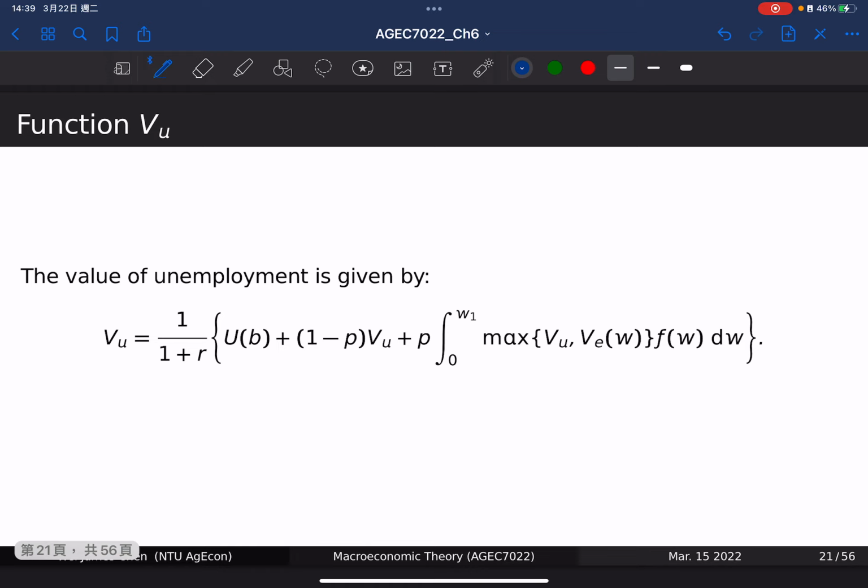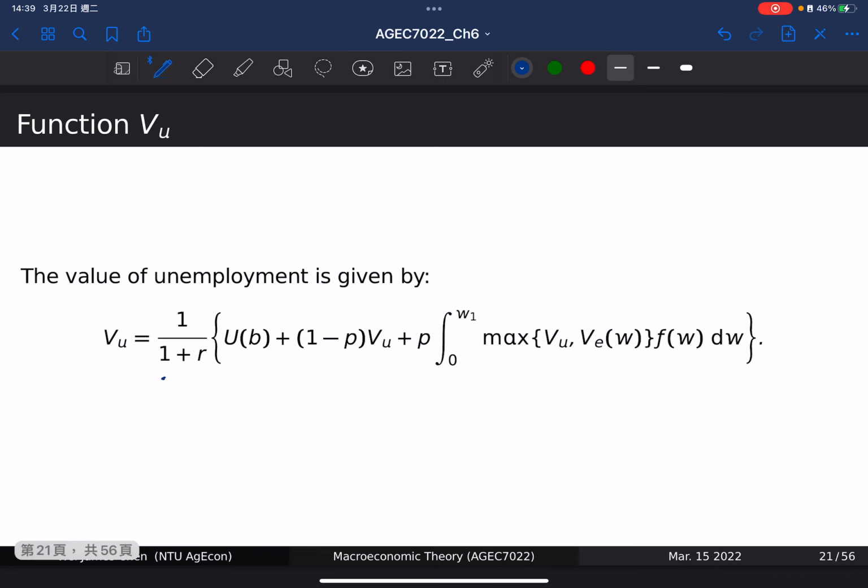Then I show you that the value of unemployment is given by this function. Again using the same idea, VU is the unemployed value.